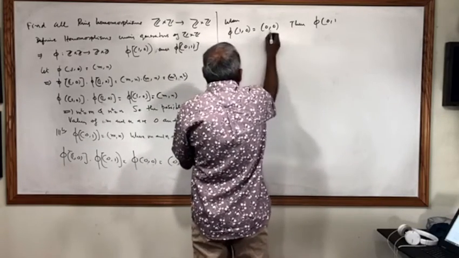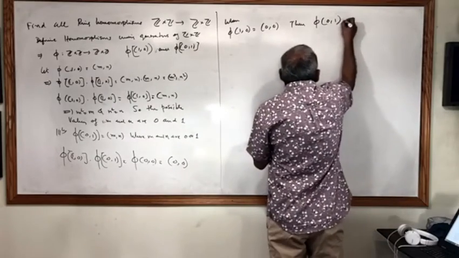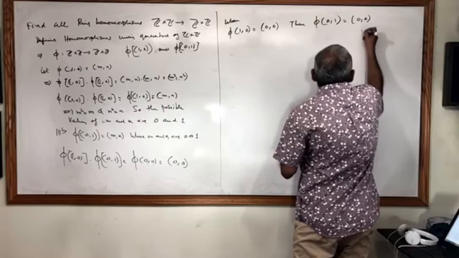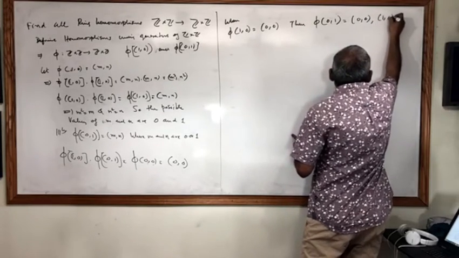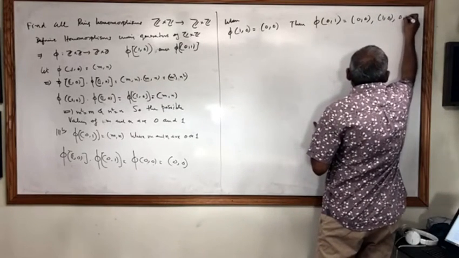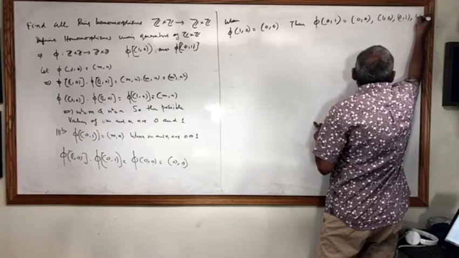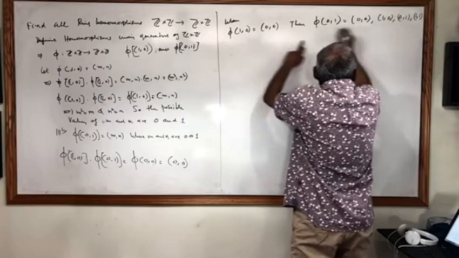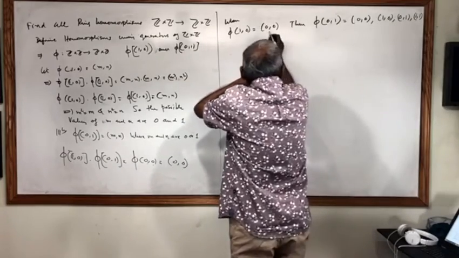So when this is equal to (0, 0), this can be either (0, 0) or (1, 0) or (0, 1) or (1, 1), because if you multiply, this will be all zeros because this is 0.